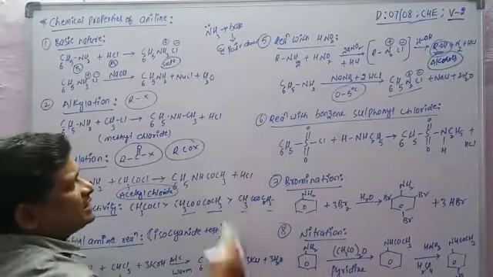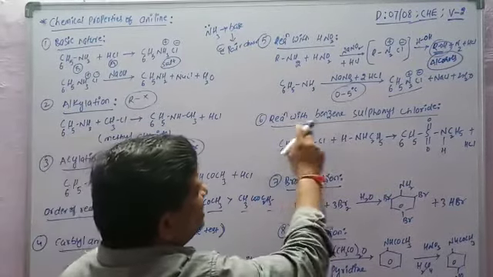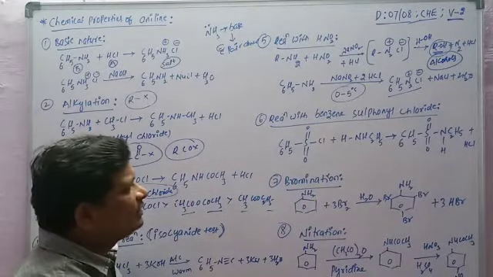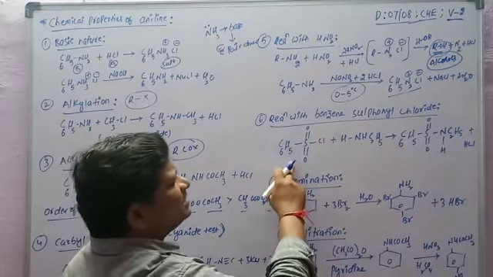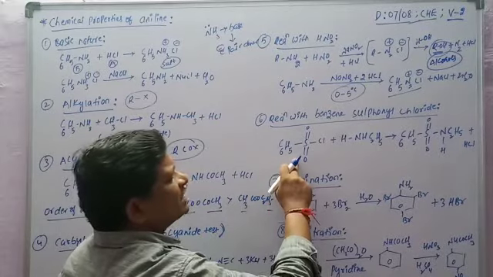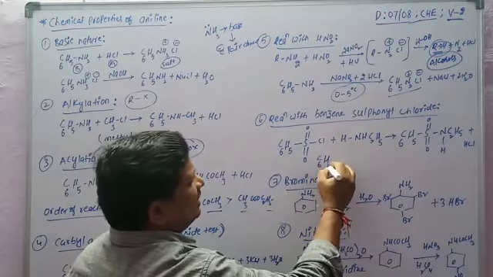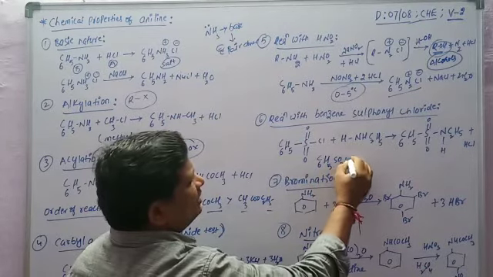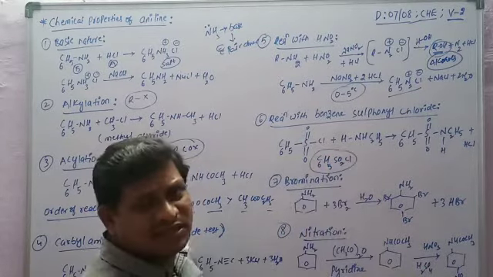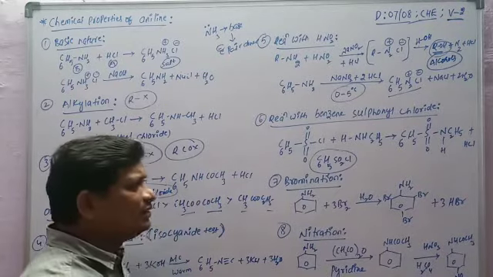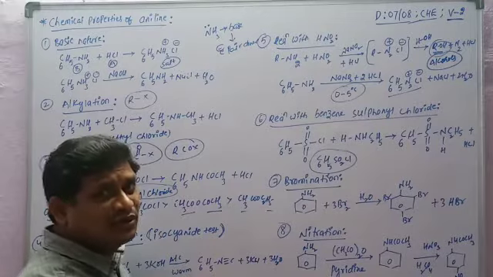Now the next reaction is the reaction with benzene sulfonyl chloride, C6H5SO2Cl. Actually, SOCl2 is thionyl chloride.